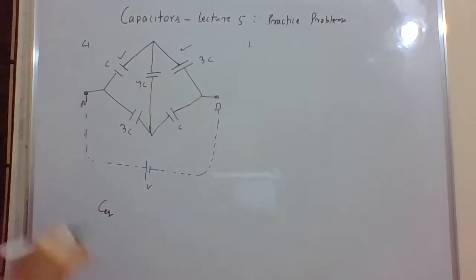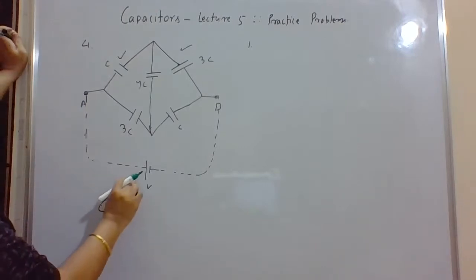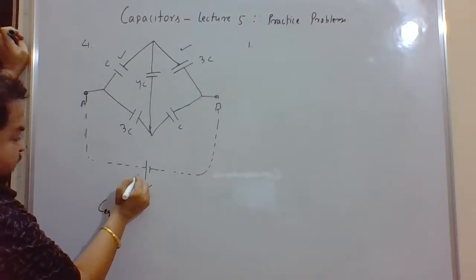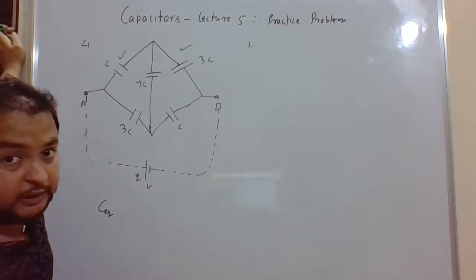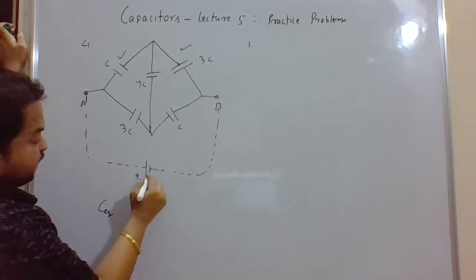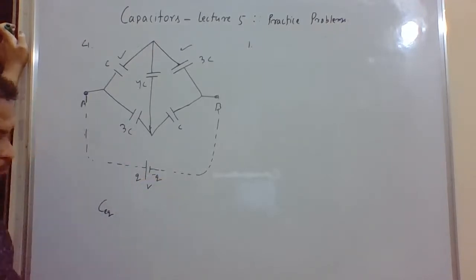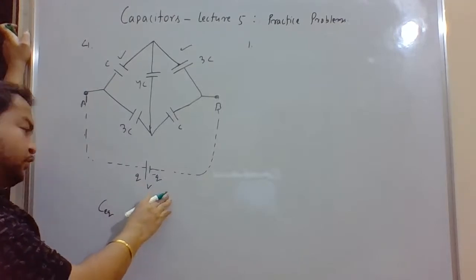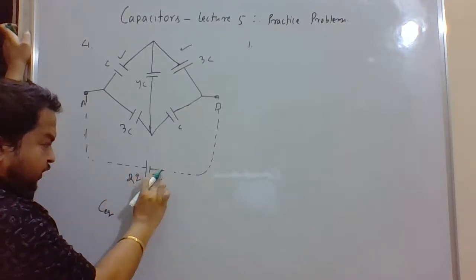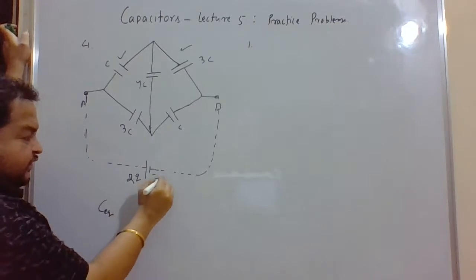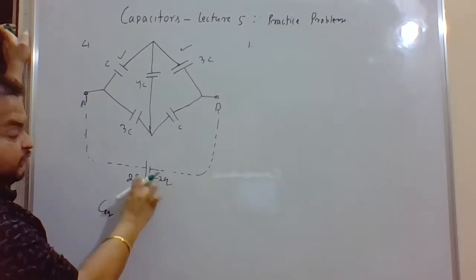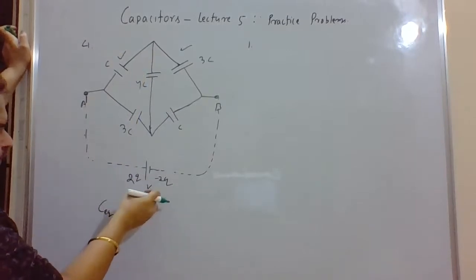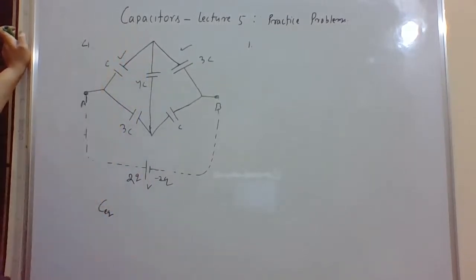Now the next step is, like we have done in symmetry, let a charge plus Q come out of the positive terminal and a charge minus Q come out from the negative terminal. Is it mandated that you should take plus Q and minus Q? No, you can take plus 2Q and minus 2Q also, but obviously those should be equal and opposite. There are some reasons why we take bigger multiples, so that the charge distribution becomes easier.